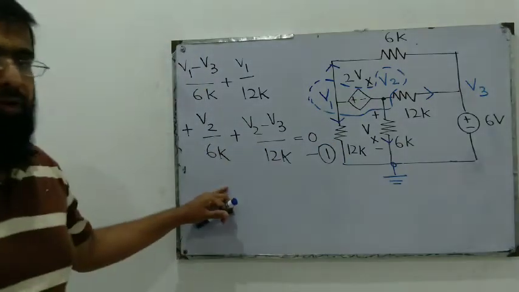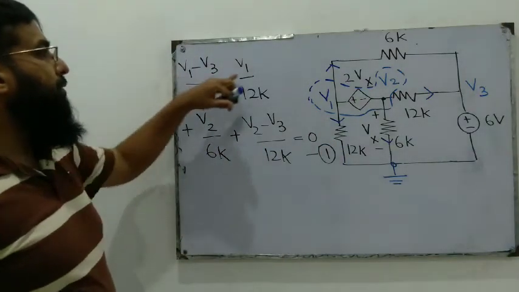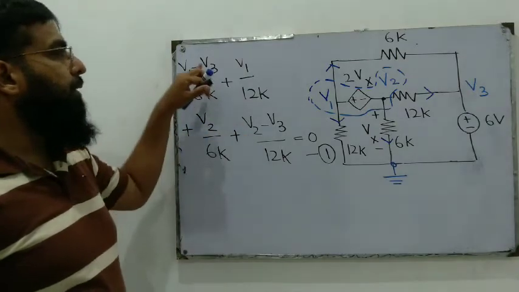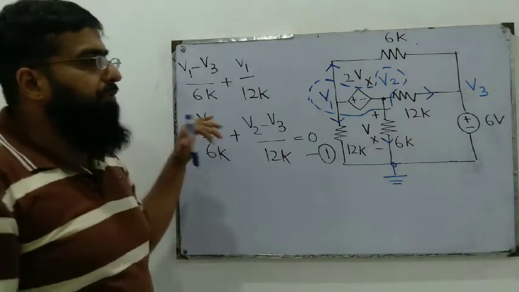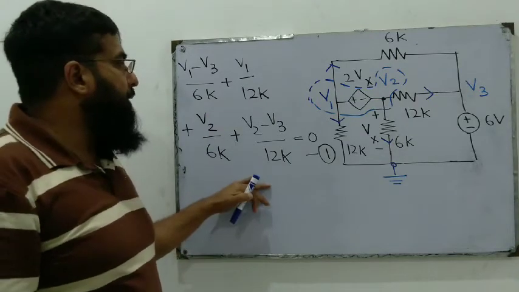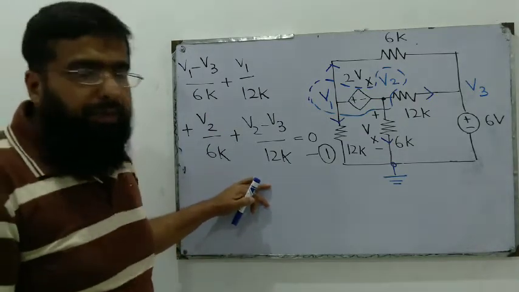This is equation number 1. We can see there are three variables V1, V2 and V3, and we have only one equation. In order to solve for V1, V2 and V3, we need three equations.